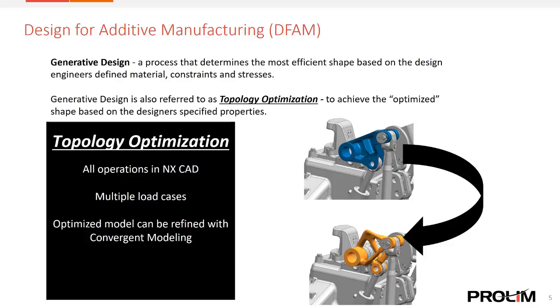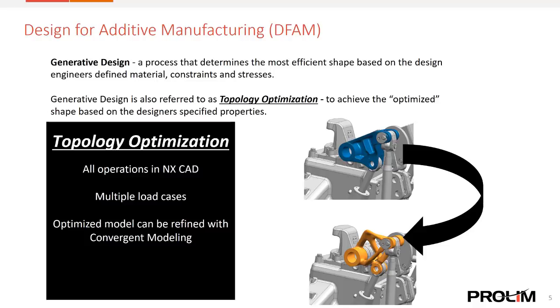We have a tool inside of NX called Topology Optimization, and all of these tools are inside of NX CAD. We're going to look at an example of that in a second. The optimized model can then be refined or edited with convergent modeling, which we'll see in just a second.